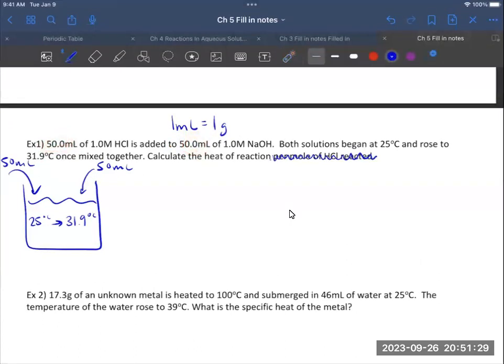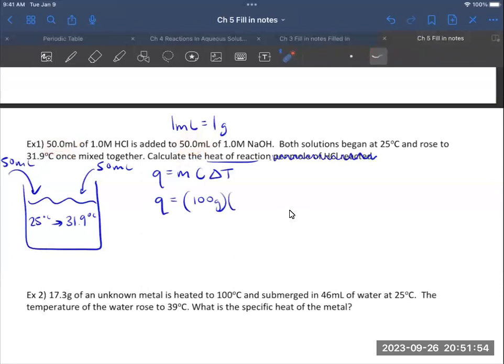Okay, so let's go ahead and calculate the heat released by this reaction. So we're going to be using Q equals MCΔT. So heat, again, is Q. That's what we're calculating. Like I just talked about, the mass is going to be the 50 plus 50 because we're mixing 50 plus 50 milliliters together. So that's 100 grams of solution.